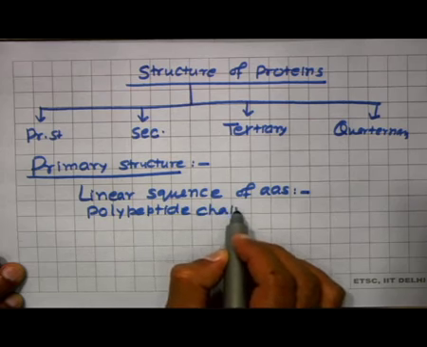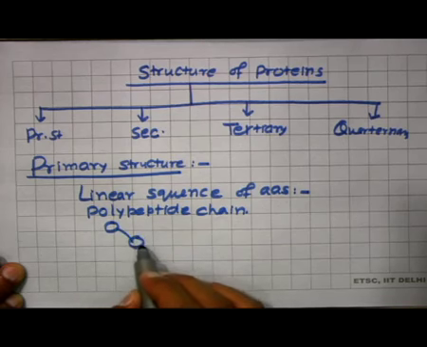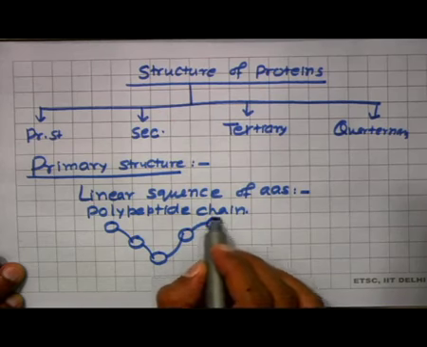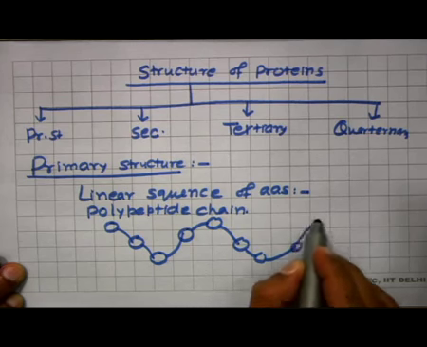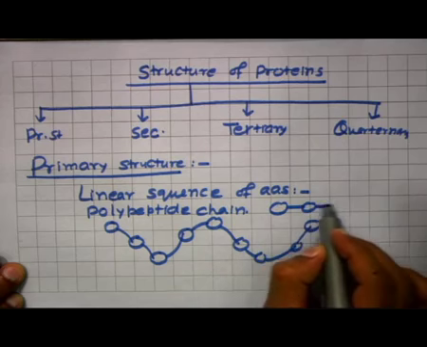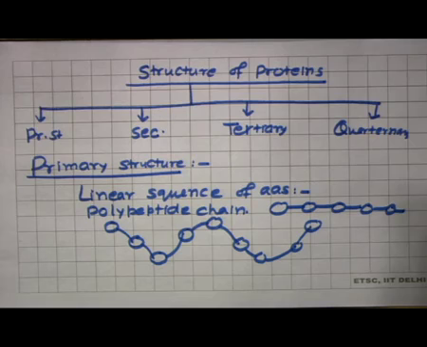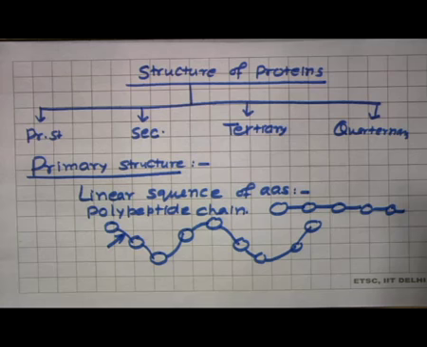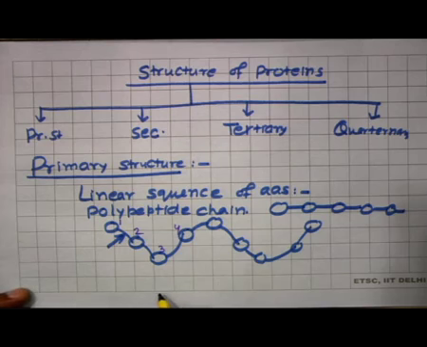The sequence is of this type: suppose one amino acid here, the second here, third here, fourth here, fifth, and so on. This is called the primary structure of protein. You can write amino acid 1, 2, 3, 4.